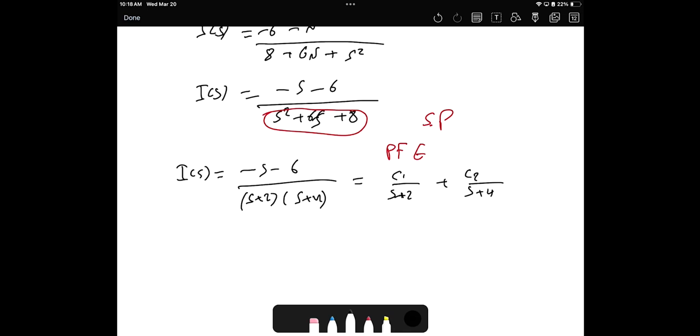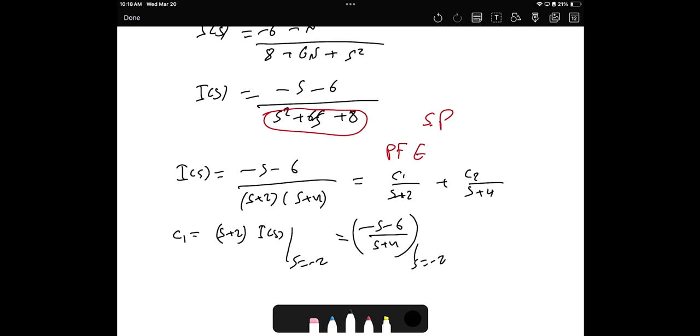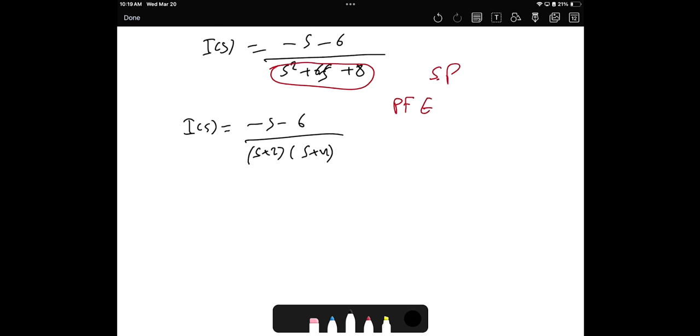So we need to find the c's. To find c1, it is s plus 2 times I of s, substituting s equal to negative 2. This means negative s minus 6 divided by s plus 4, all of it evaluated at s equal to negative 2, so the answer will be negative 2.